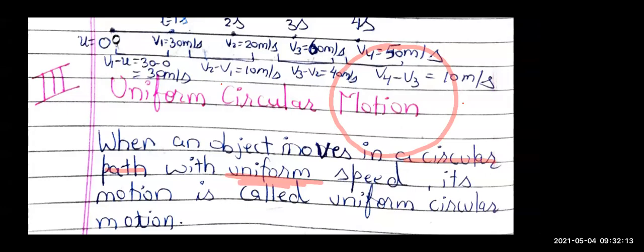And the body is moving on a circular path. Then the motion of the body is said to be uniform circular motion. So an object is moving on a circular path, plus it is moving with uniform speed. Then the object is said to be under uniform circular motion.